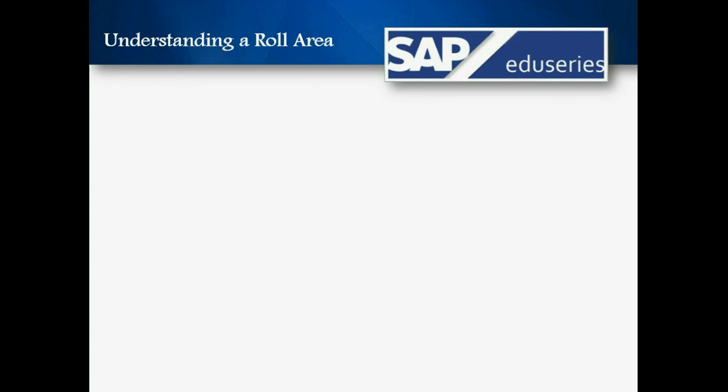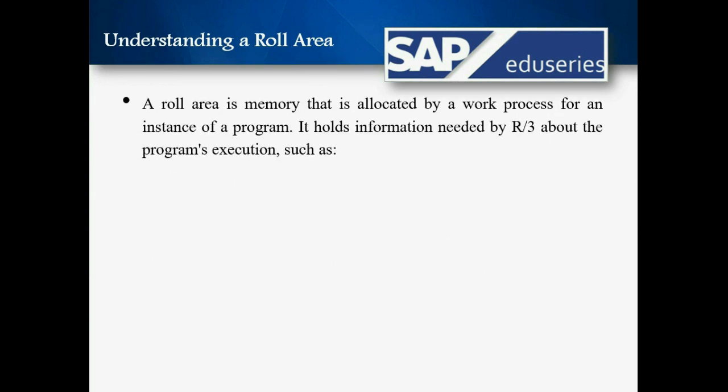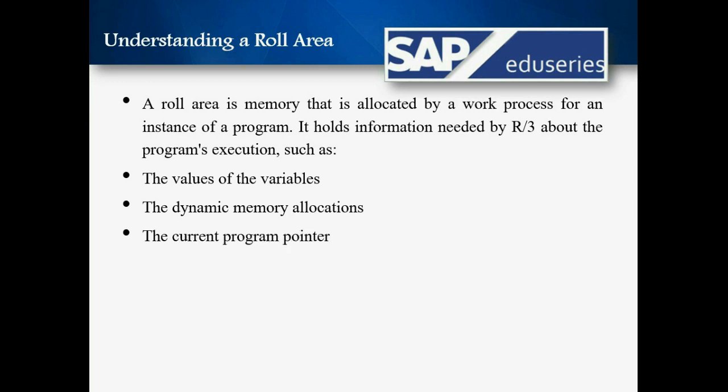Understanding a role area. A role area is memory that is allocated by a work process for an instance of the program. It holds information needed by R3 about the program's execution, such as the values of the variables, the dynamic memory allocations, the current program pointer.